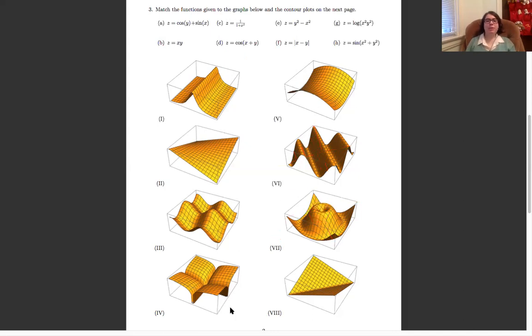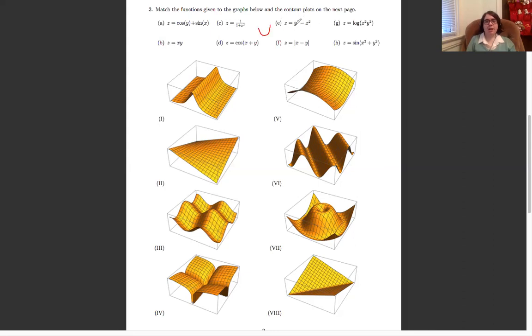Let's look at E, where we have Y squared minus X squared. Now, after doing today's 241 worksheet, I might just know immediately what this is, but let's try anyway. If I set X equal to a constant, then I'll get Z equals Y squared minus X squared, so I should get an upward opening parabola in one direction.